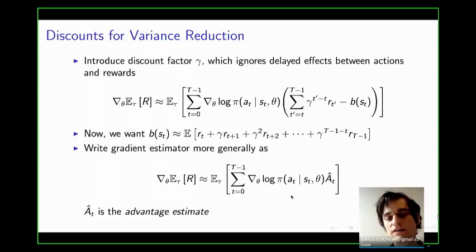I haven't defined the advantage function yet, but the advantage estimate is just telling you whether the action was good or bad. So we're just multiplying grad log probability times some scalar, which is an estimate of whether the action was good or bad. In this case, we're taking that scalar to be the discounted sum of following rewards minus a baseline.